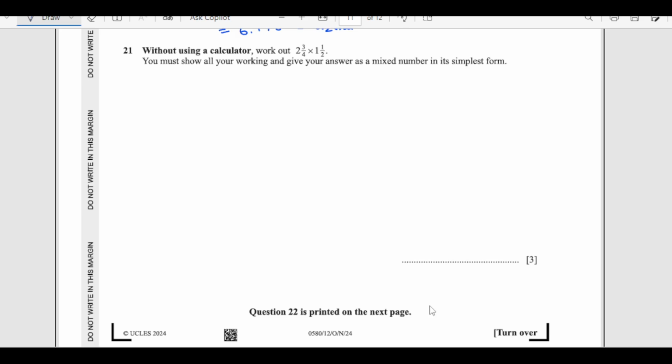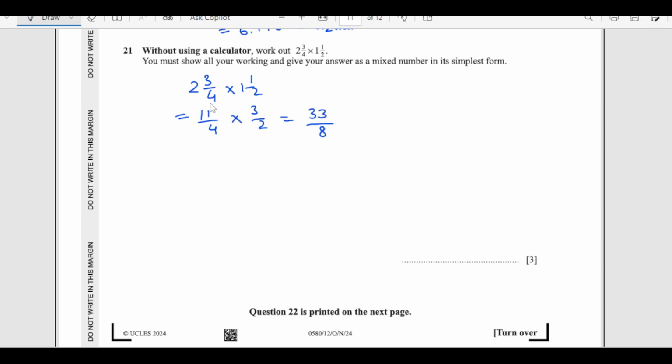So we have 2 3 over 4 times 1 1.5. When you break this up, 4 times 2 is 8, 8 plus 3 is 11, so 11 over 4. Times 2 times 1 is 2 plus 1 is 3, this is 3 over 2. So this is 33 over 8, right?